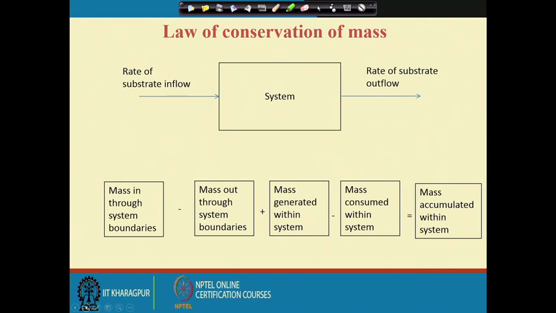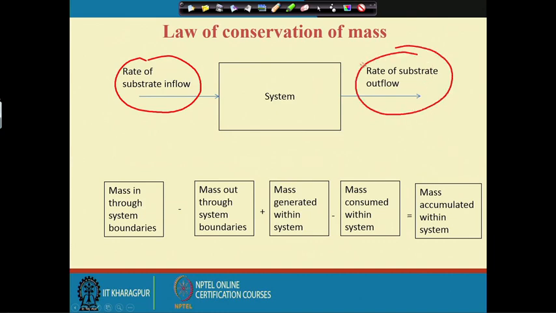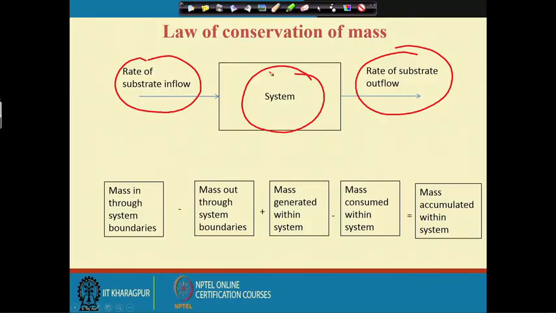Conservation of mass: if you look here, there is a rate of substrate inflow and a rate of substrate outflow, passing through a system like this. The law of conservation of mass means nothing can be destroyed. The overall balance of the process should remain the same.